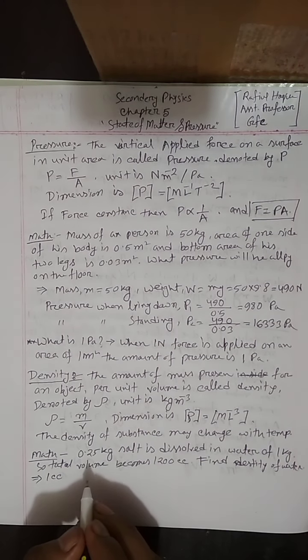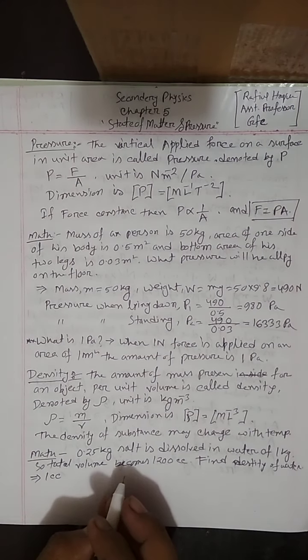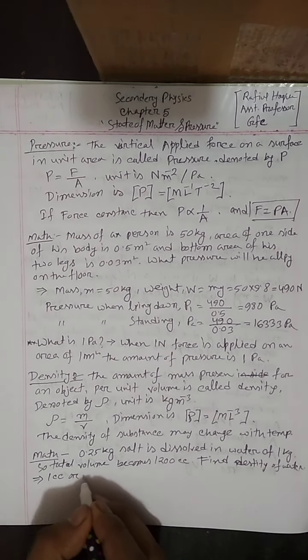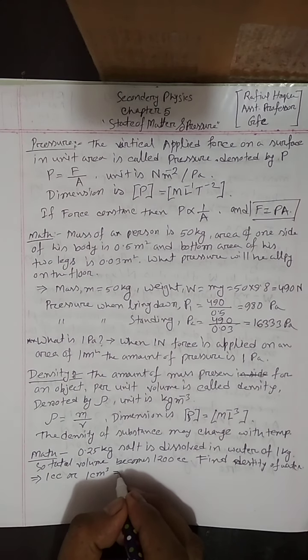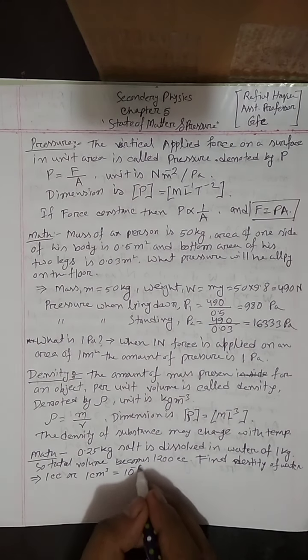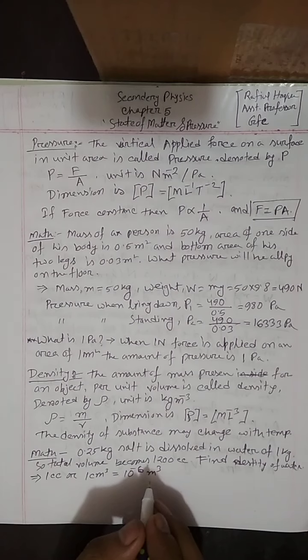1 cc, that is 1 centimeter cube, equals 10 to the power minus 6 meter cube.